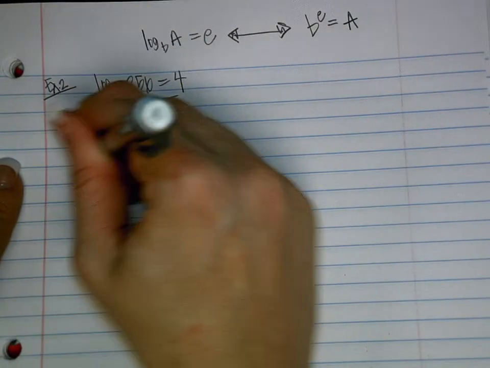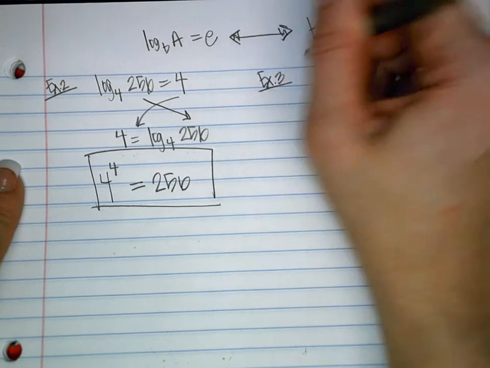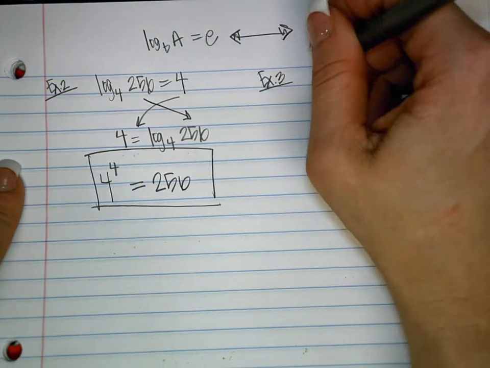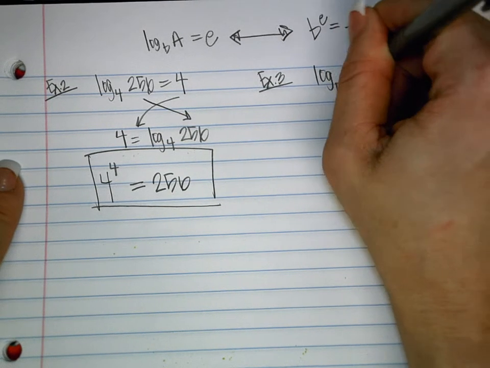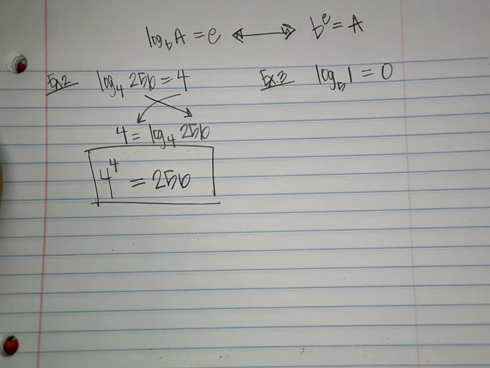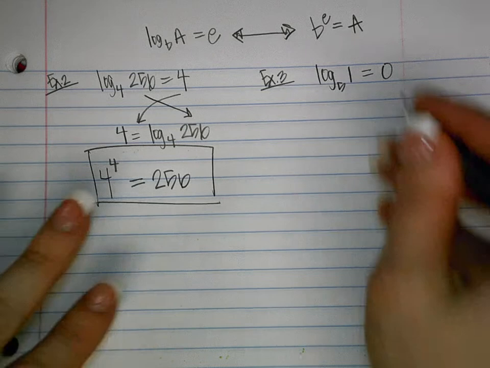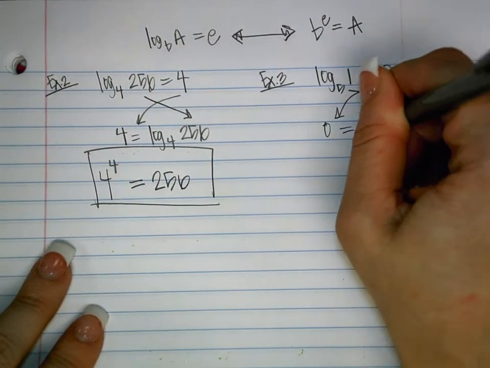Okay, that's your answer. Let's try another one. For number 3, I want you to rewrite in exponential form. Log base 5 of 1 equals 0. If you need to, you can flip these, and it's always just a good idea for when you're first starting to write these.